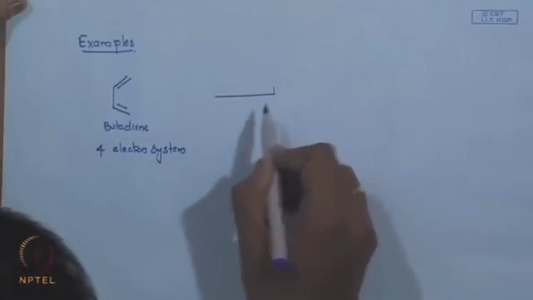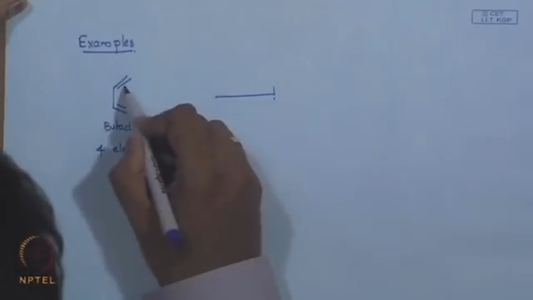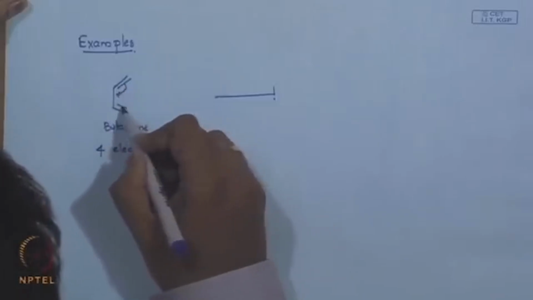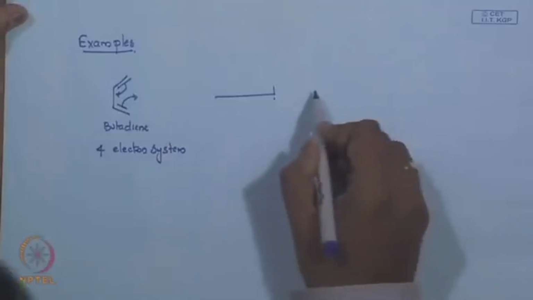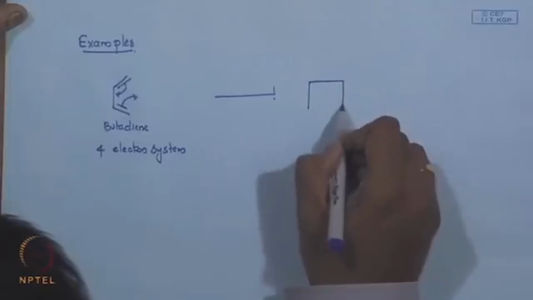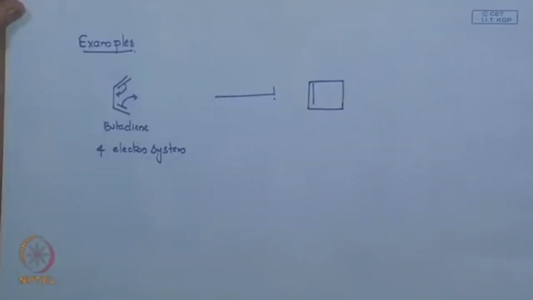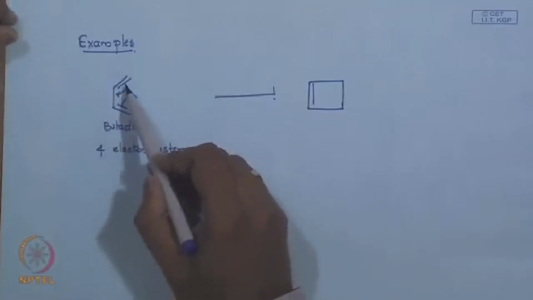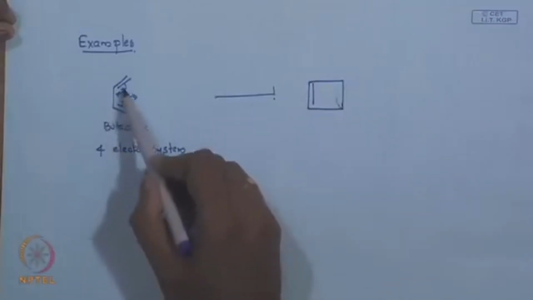Fine. So, once you shine light, this can nicely cyclize to give you cyclobutene. What I said is that now you get a new sigma bond at the cost of a pi bond.